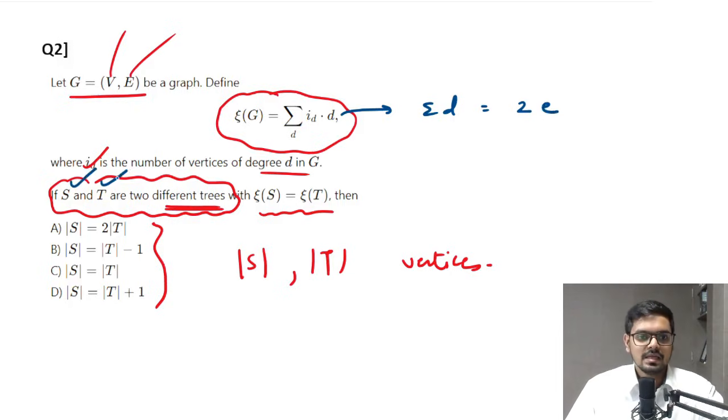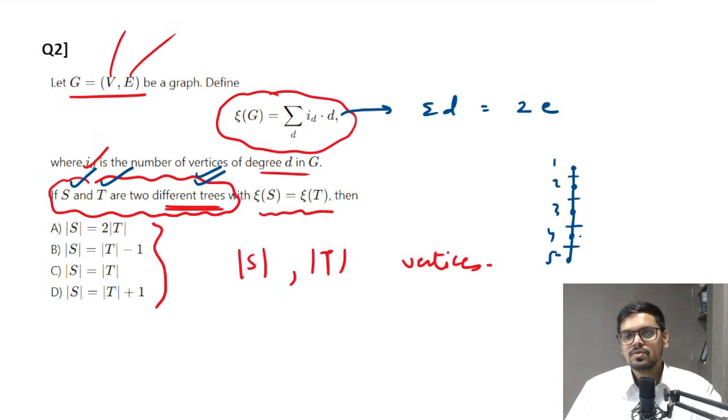But your S and T are graphs of tree style. We have seen in the earlier chapters how a tree looks. Whenever you draw a tree, suppose I have a tree of 1, 2, 3, 4, 5 vertices, then the number of edges is 5 minus 1. So n vertices, edges would be n minus 1.